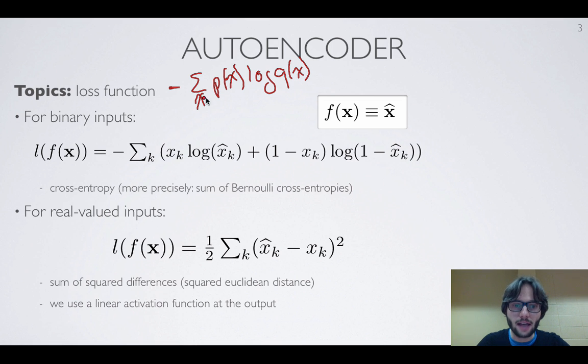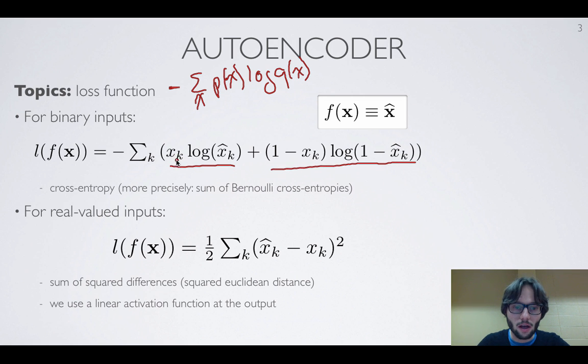Now, if x was binary here, so if x was taking only 0 or 1 values, then this sum would be a sum over the probability of x being 0 and then the probability of x being 1. And so this is how you would get these two terms here.